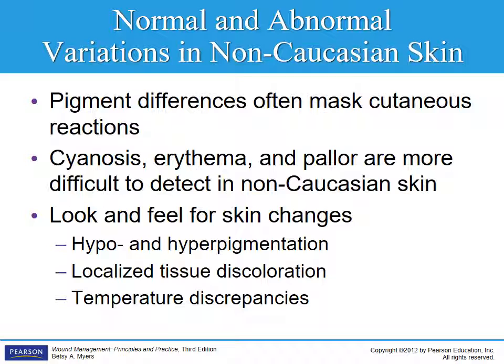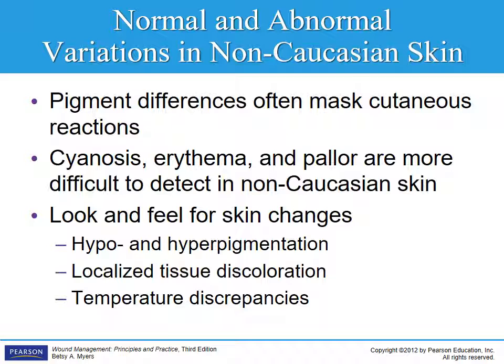So this talks a little bit about normal and abnormal variations in non-Caucasian skin. Because people often will say in someone who has darker skin, I really can't tell the difference. You can tell the difference if you're looking at the skin and you're watching the skin.